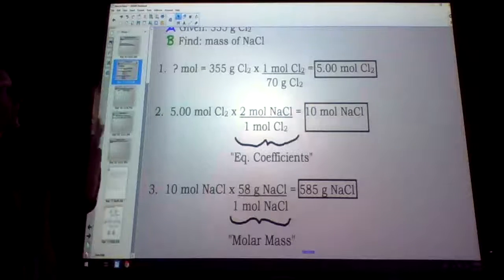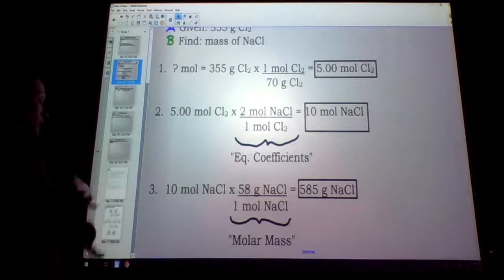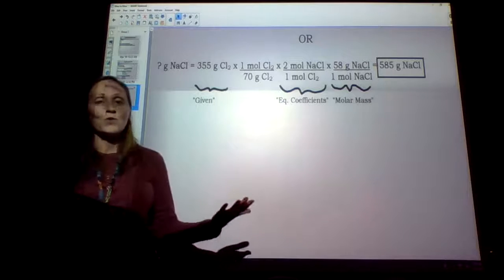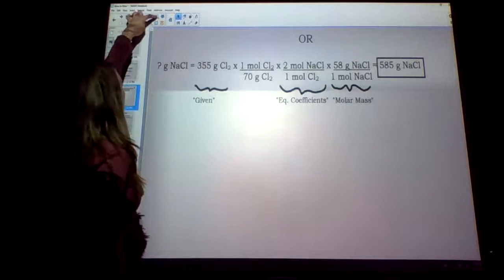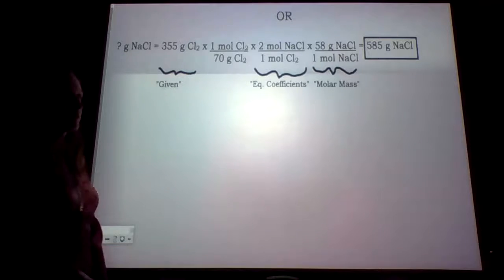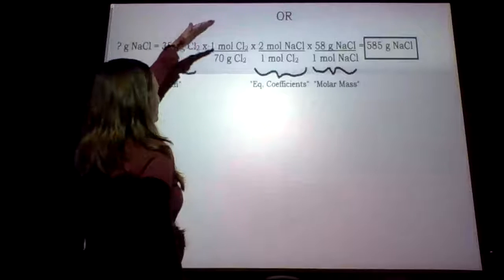If you like to have it broken down where you just do 3 one-step problems, you're more than welcome to. However, I like to teach it where you're working with one 3-step problem. And it's a little bit easier where you can see how your grams of chlorine, they cancel.